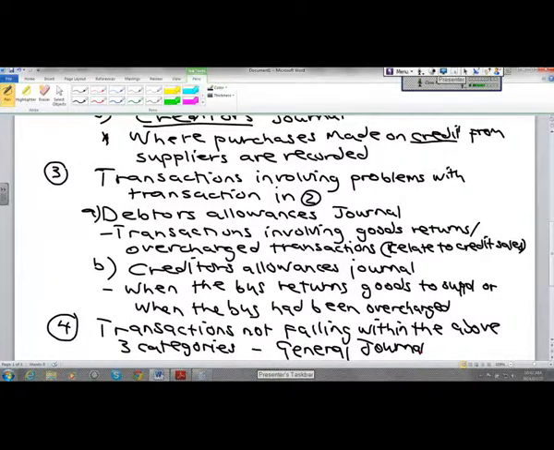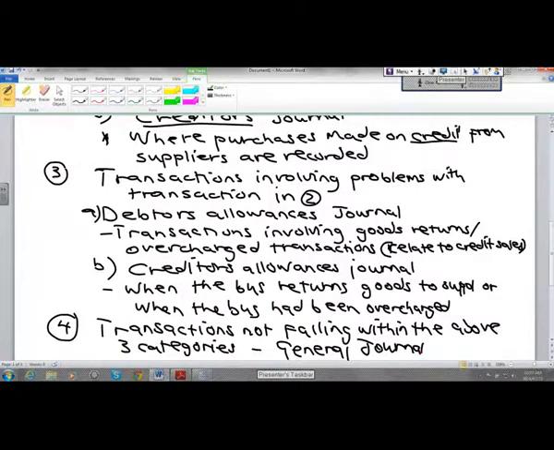Second category, are we either buying or selling something on credit? Absolutely not. Number three, have we been overcharged, or is the customer returning the goods? No. And we are not retaining the goods either. So that transaction is going to come in the fourth category.